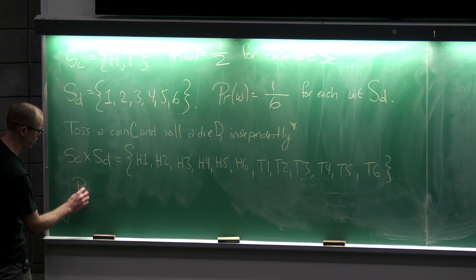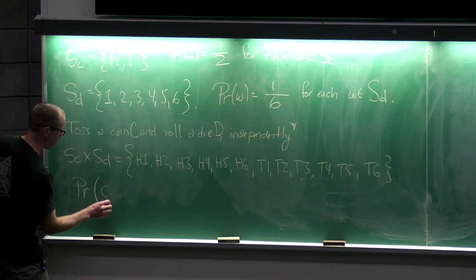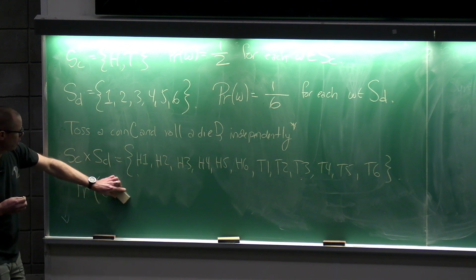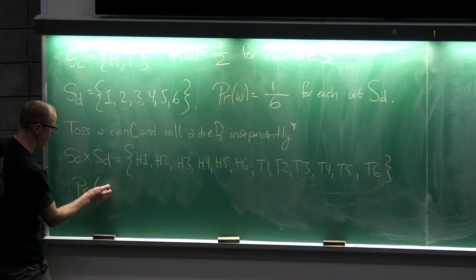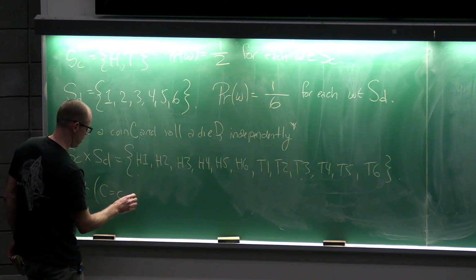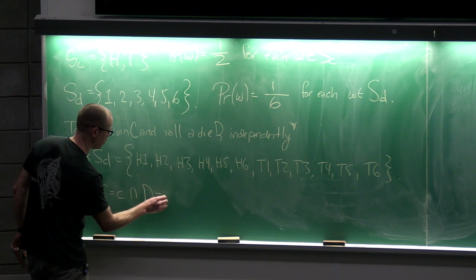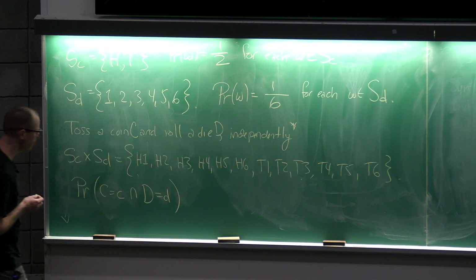So the probability of any particular event, let's say the coin equals little c, and the die equals little d.